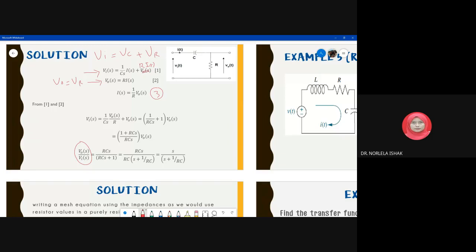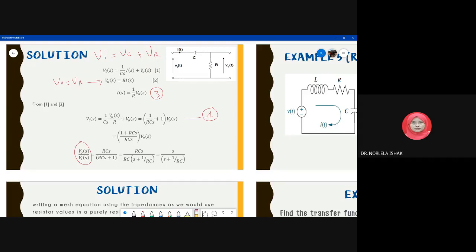We substitute the current from equation 3 into equation number 1. So you can get equation number 4.